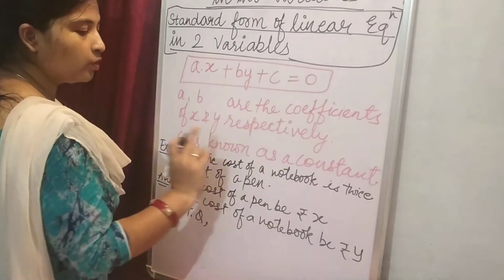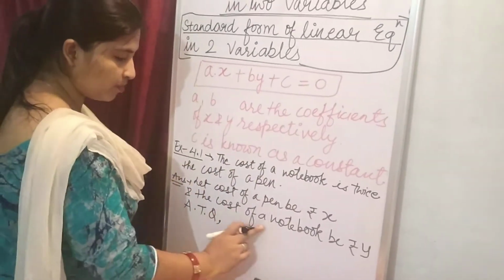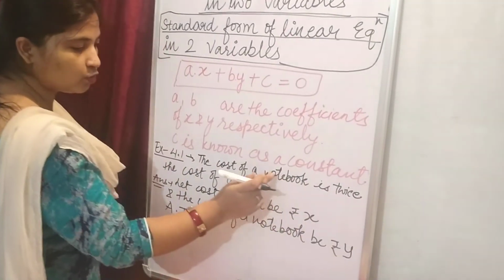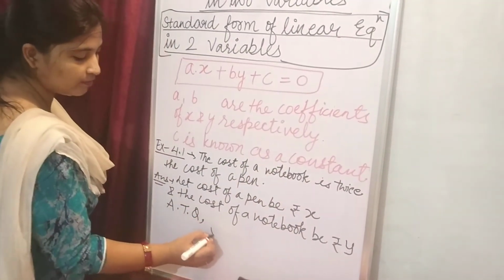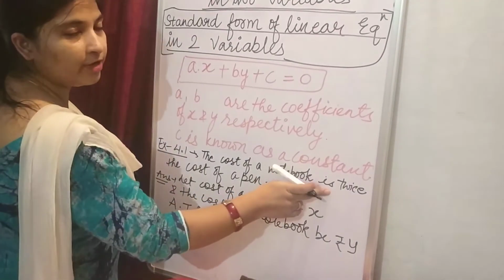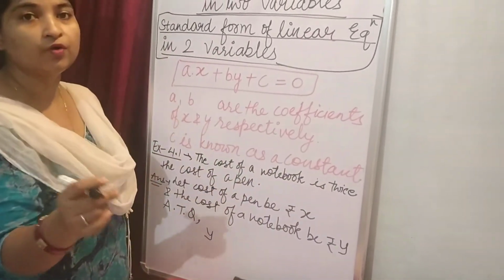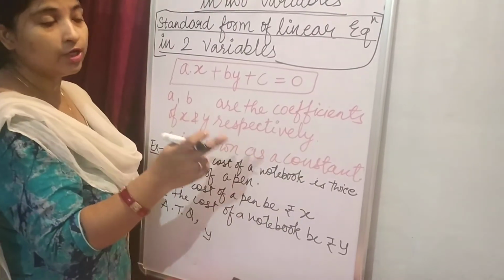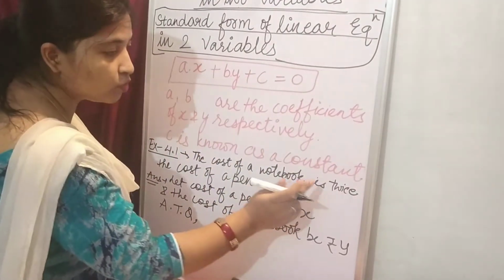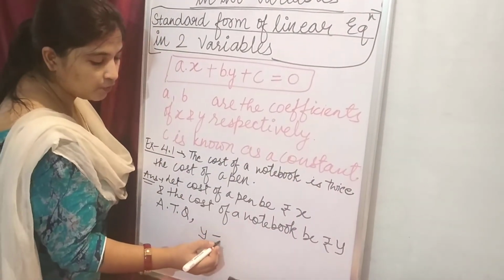The cost of a notebook. What is the cost of a notebook? From here we have assumed rupees Y. So for this cost of notebook, can I write Y over here? What is the meaning of 'is'? 'Is' is always equal to. 'Is' is the sign for equal to. We have done this in 8th class also. 'Is' stands for equal to.